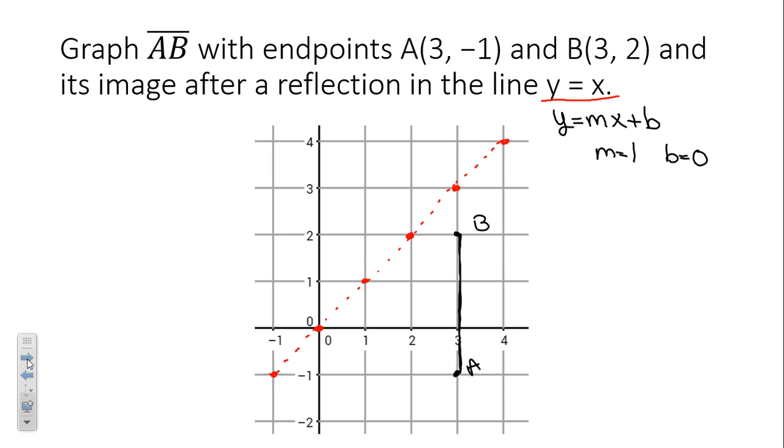And x is 2, y is 2, x is 3, y is 3. So that's my dashed line that we're going to reflect across. We haven't reflected yet. All we've done is graphed a segment and dashed a line. In this case, they told us this is our reflecting line, right?